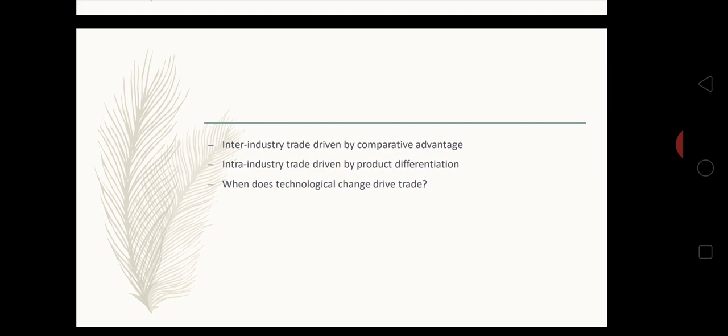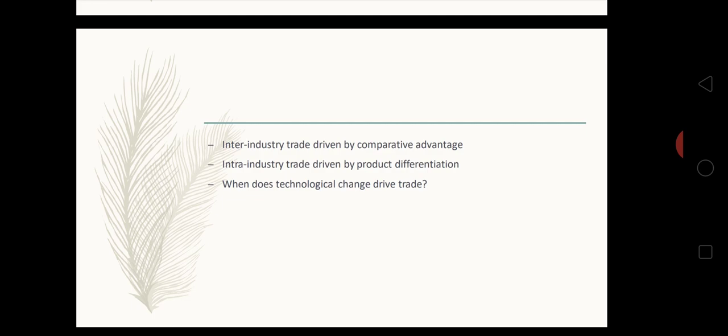For example, trade of two commodities belonging to two different industries is inter-industry trade, driven by comparative advantage. And for the import and export of the same commodity between two identical nations, the trade is driven by product differentiation and economies of scale.